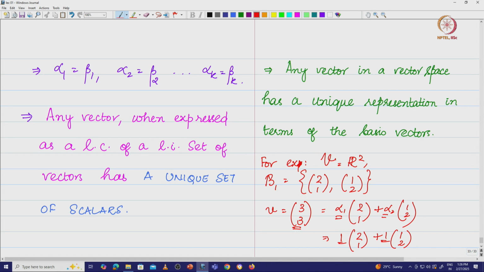Now, we really want to understand better what a basis is, and how many bases can exist for a vector space. You can have infinitely many bases for a vector space, but what is interesting is that the number of linearly independent vectors, the number of vectors that go into the basis, would remain the same for every basis of a vector space. So, let us look at it.